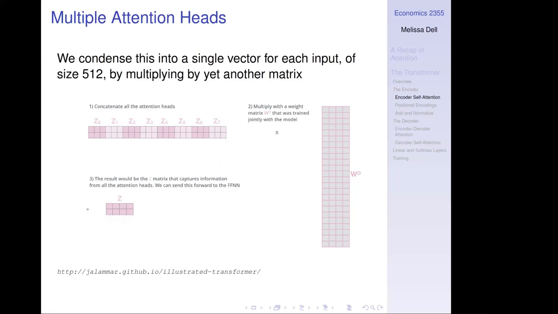And so that's going to combine these attention scores from the 8 different attention heads into a single vector for each input token, and its dimensionality is going to go back to the 512 dimensionality, which is why we're going down to size 64 for these internal ones.